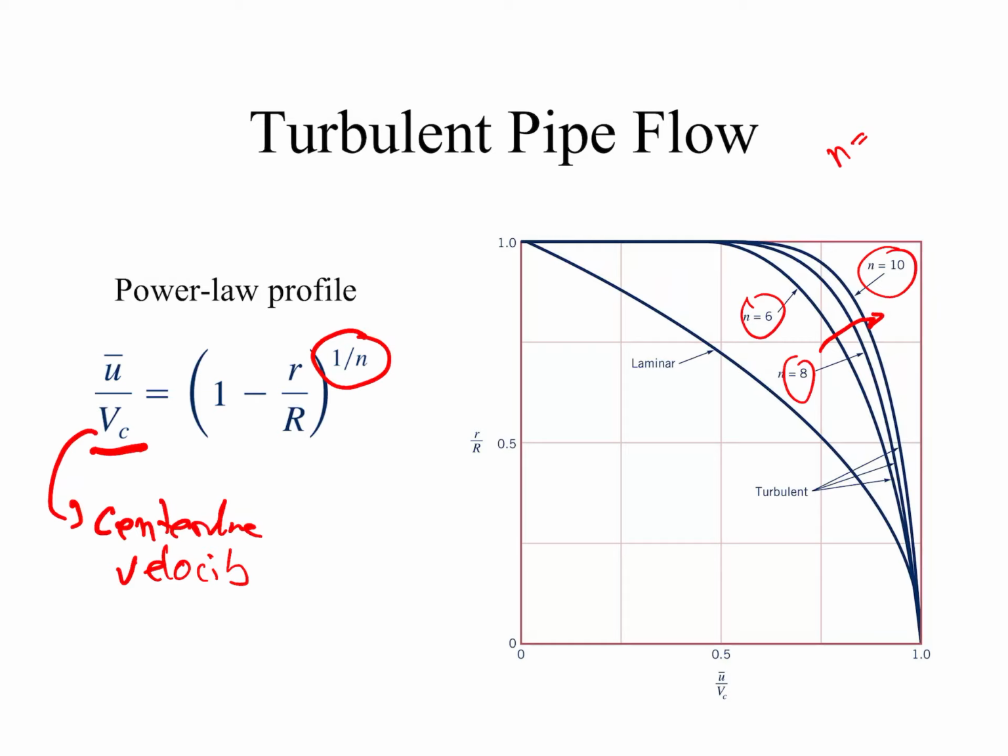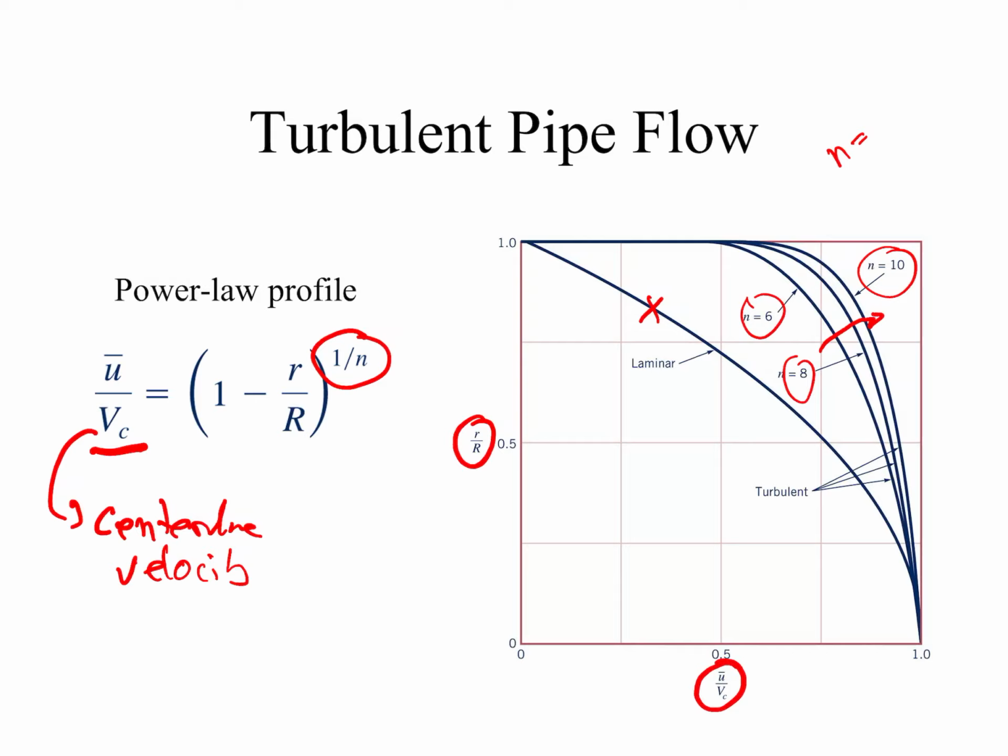You can also see nicely here the comparison between the laminar profile and the turbulent profiles. And this is something that's really important: being able to sketch a laminar profile and a turbulent profile on the same curve. This is a non-dimensionalized axis, r over R, where big R is the total radius, versus u over vc.